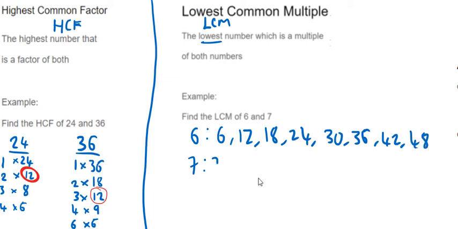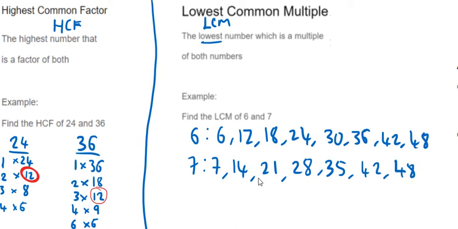Multiples of 7 then are 7, 14, 21, 28, 35, 42, 49, 56.